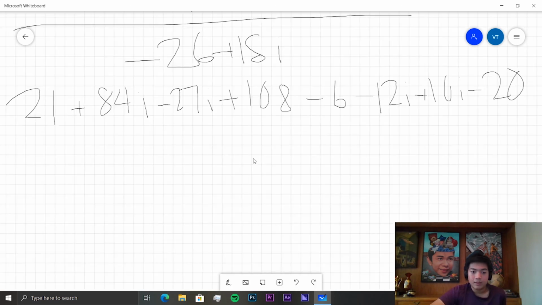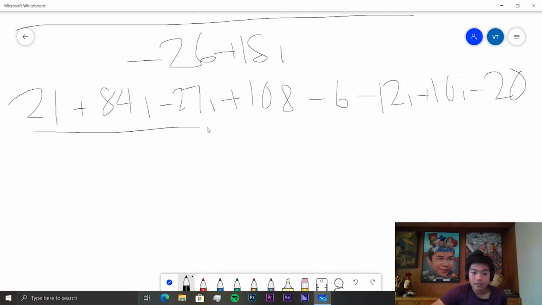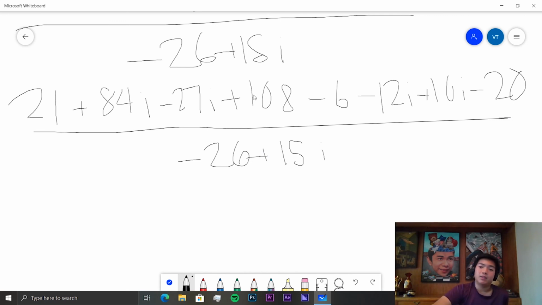All over this number below, so all over negative 26 plus 15i. So this is 21 plus 108 minus 6 minus 20. So that's going to be 108 minus 6, which is 102, plus 1, 103.